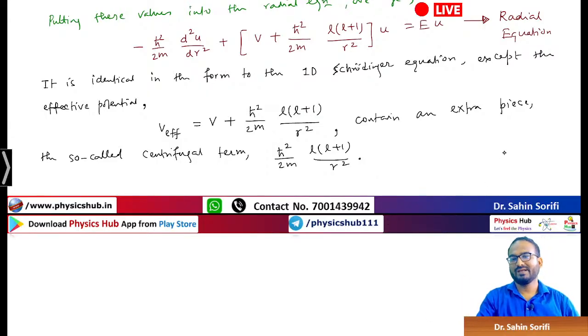Okay, now electron is revolving around the nucleus, means proton. So obviously we should get some centrifugal part.